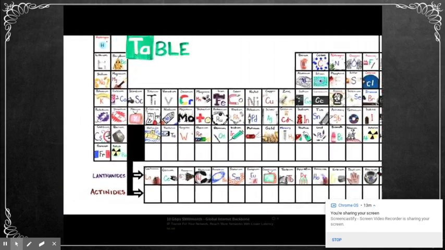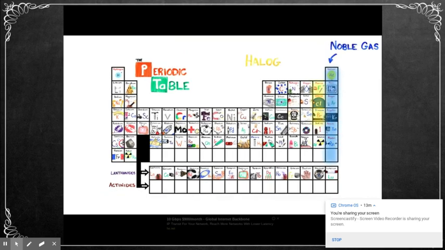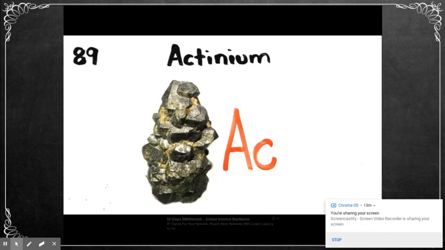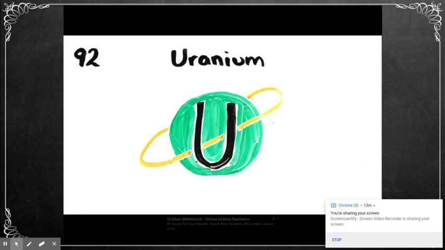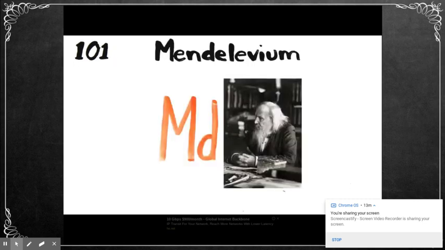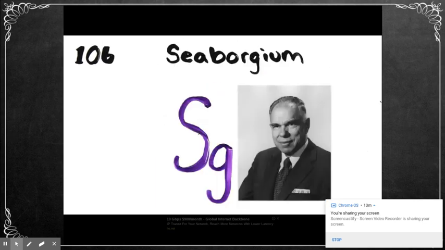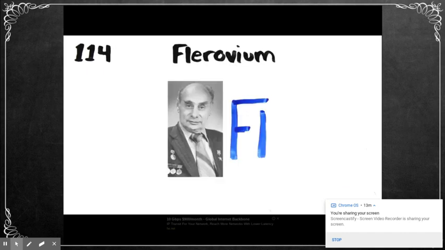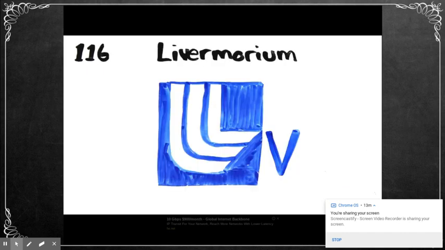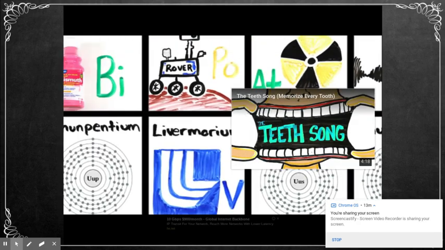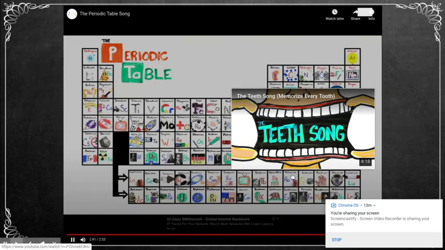This is the periodic table, noble gas is stable, halogens and alkali react aggressively. Each period will see new outer shell, electrons are added to the right. Actinium, thorium, protactinium, uranium, neptunium, plutonium, americium, curium, berkelium, californium, einsteinium, fermium, mendelevium, nobelium, lawrencium, rutherfordium, and onward through the heaviest elements, and then we're done.